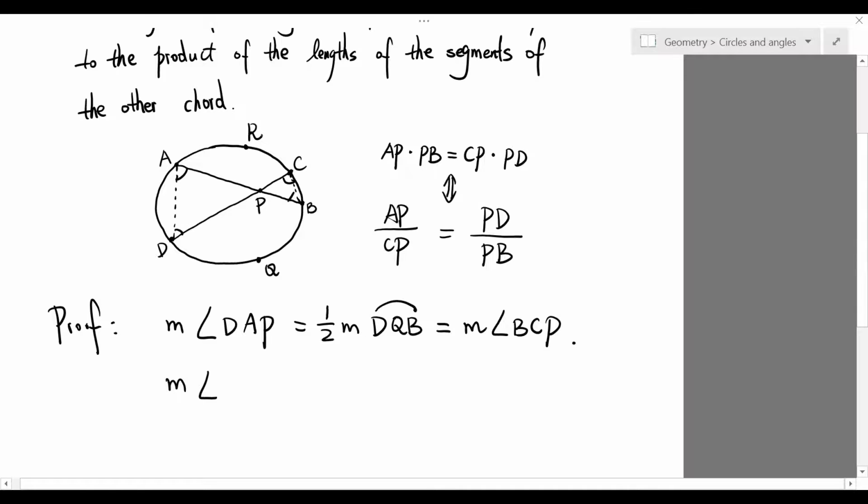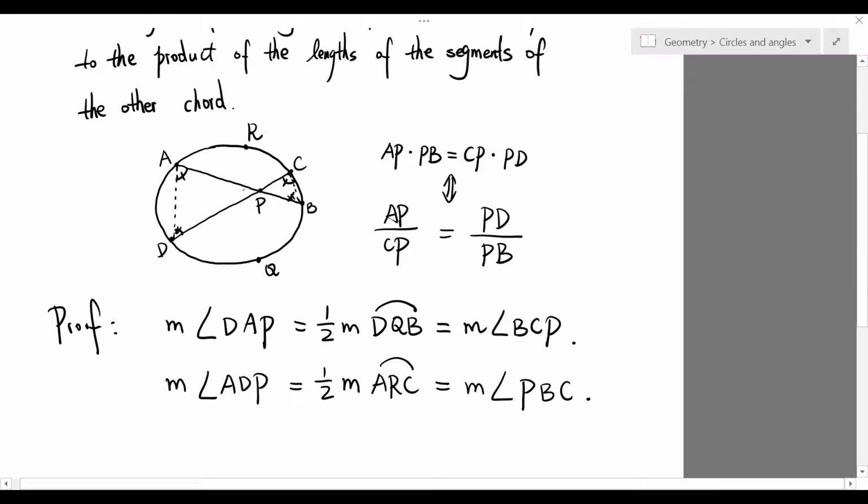So we conclude that the measure of ADP is equal to 1/2 the measure of the arc ARC, which in turn is equal to the measure of the angle PBC. And we could denote the congruence by putting some strokes down there.